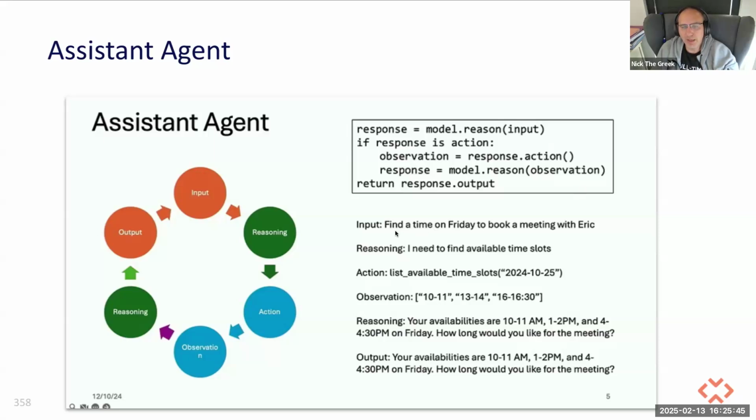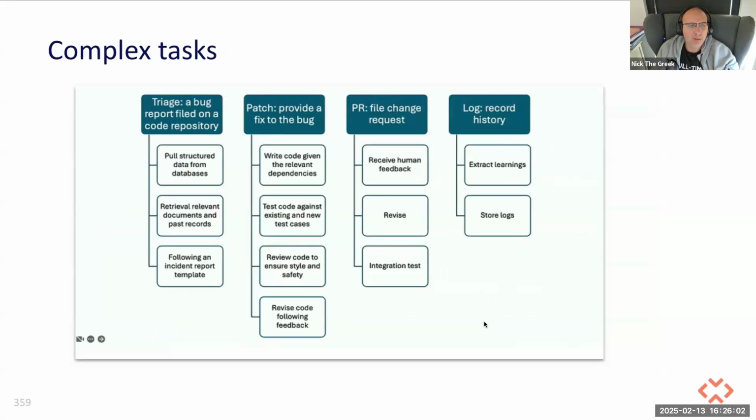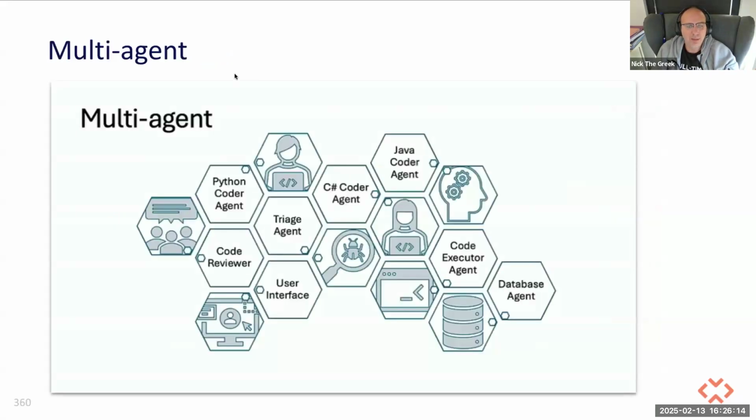And then it gives you an example, like find a time on Friday to book a meeting with Eric. The reasoning is I need to find available time slots, and that leads to the action. What are the available time slots? Observation, and going on. And you can build quite complicated workflows. This is about the life cycle of a bug, and you can have different agents.